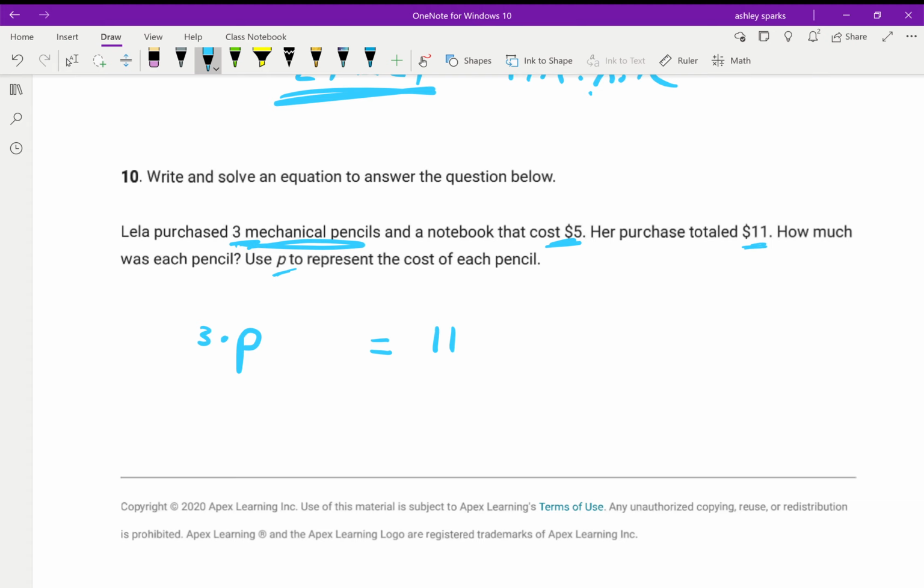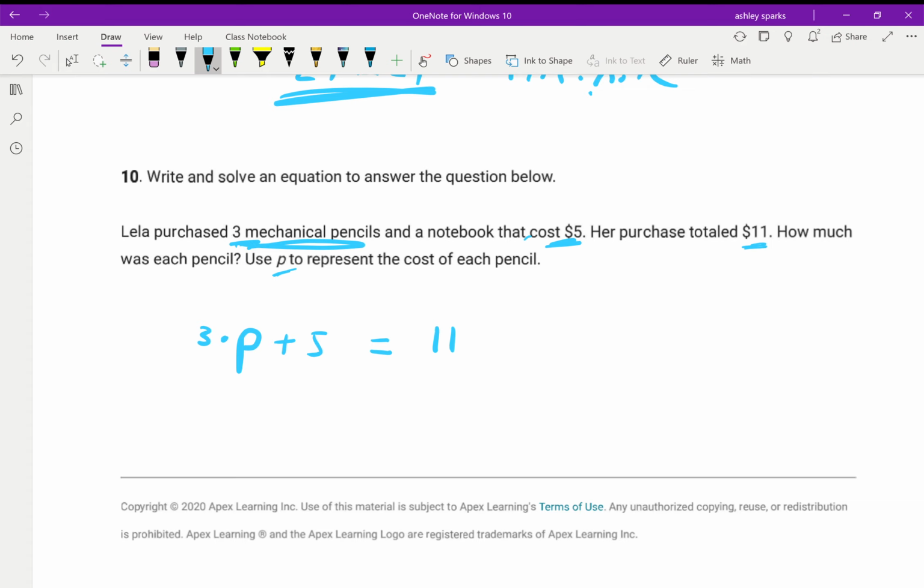All right, well that's pretty easy. I know something about 11, I can do that. And the last part is the notebook. She only bought 1 notebook, which means she spent $5 on it. So I know in total she spent $5 and then was also able to get 3 pencils. And I want to be able to solve for my number of pencils.